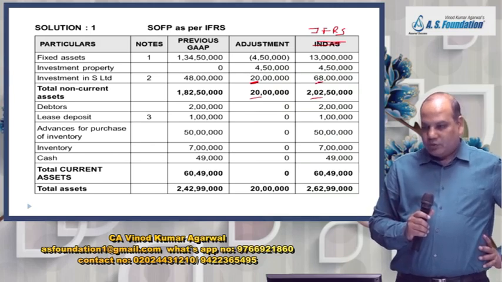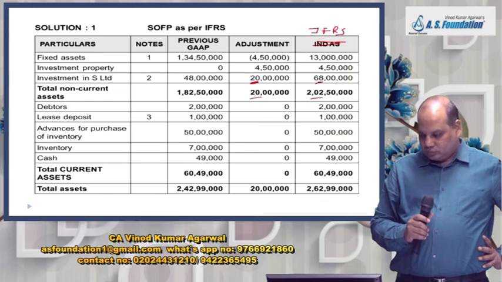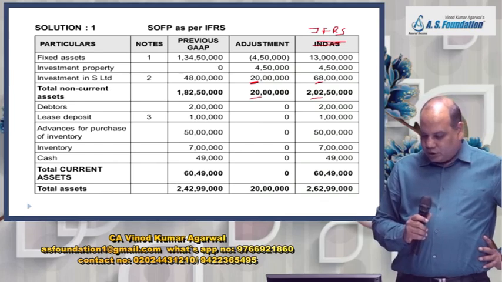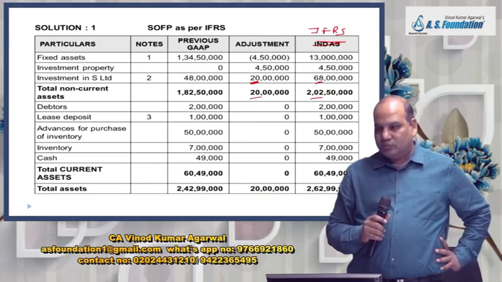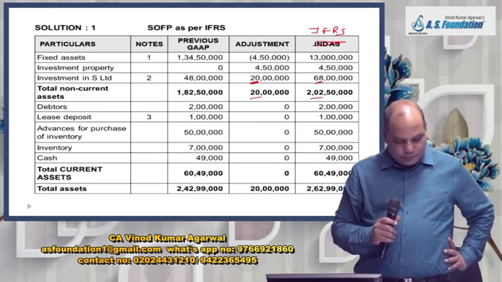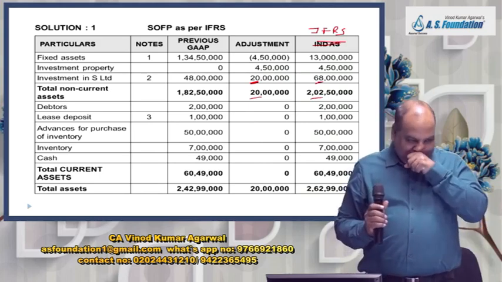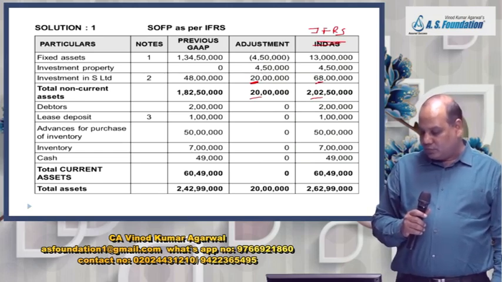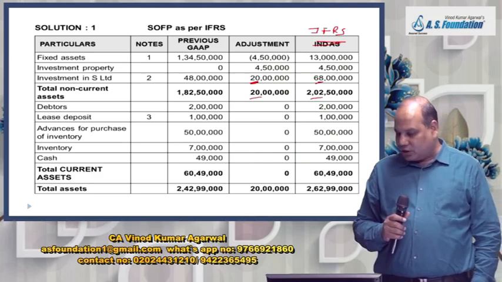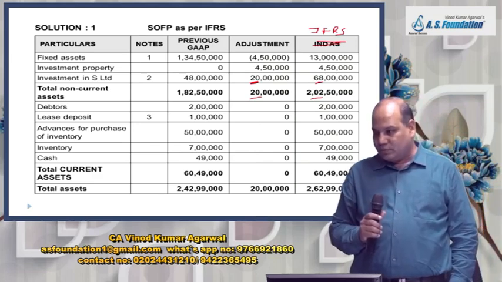Inventory 7 lakh, 0, 7 lakh. Cash 49,000, 0, 49,000. Take total. Previous GAAP 60 lakh 49,000. Total current asset no change, 60 lakh 49,000.